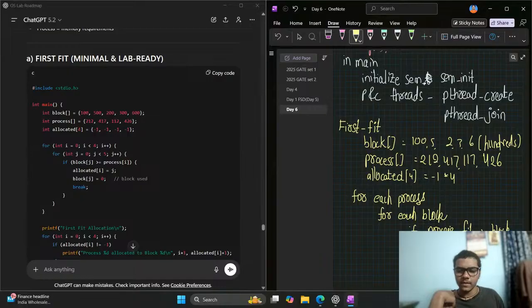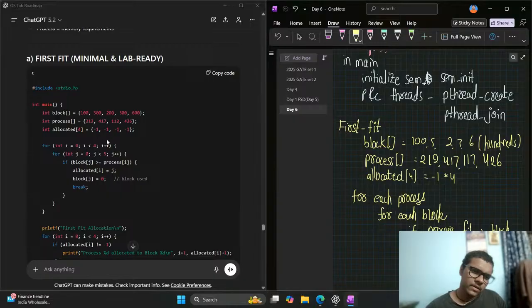Oh my bad, allocated of i. But doesn't it cause a segmentation fault?